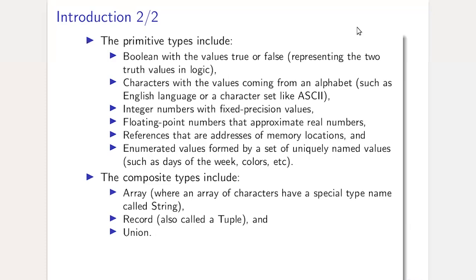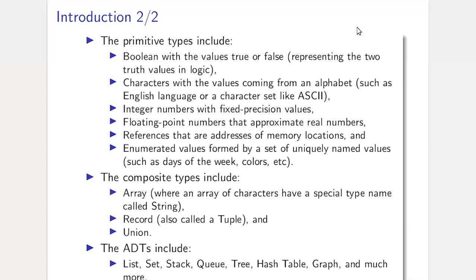Another name for the record is tuple. Similarly, when you take an array, if the array is an array of characters, we have a special name called string. And third type is union.